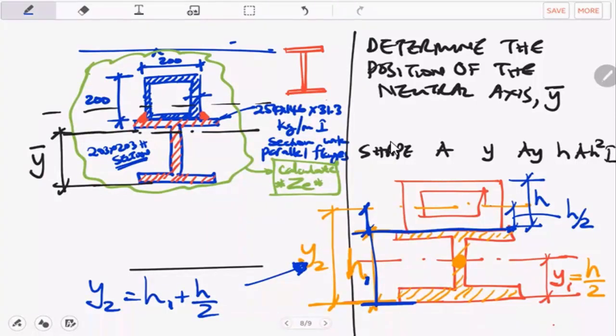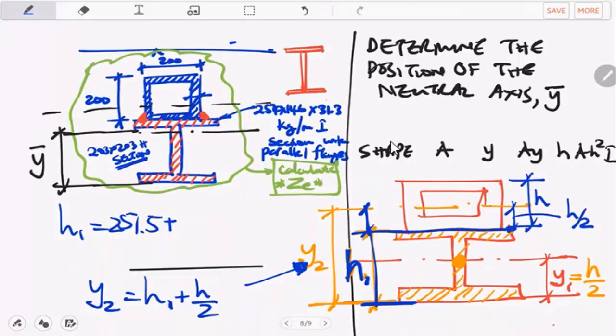But we do know that h1 is equal to how much? Was there a question? No, sir. So what's the value of h1? h1 is 251.5, plus, what is the value of h?